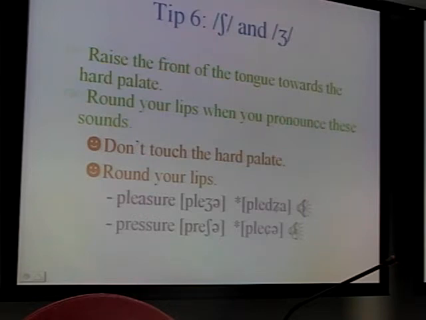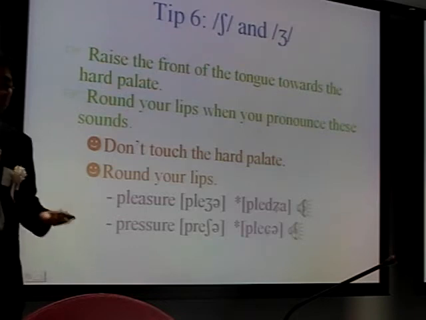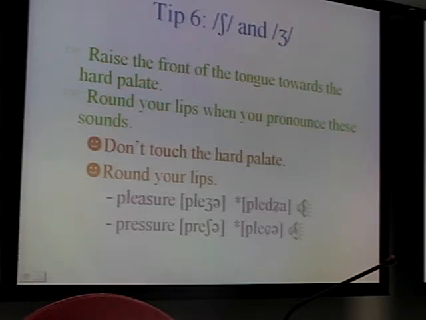So anyway, you should not contact the hard palate with the body of the tongue. Okay. So you have to say "pleasure," you should not say "pleasure."